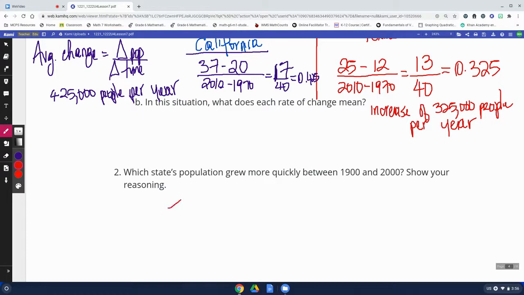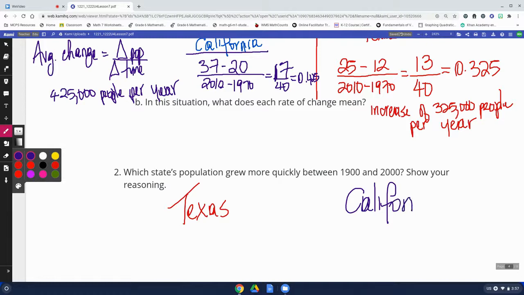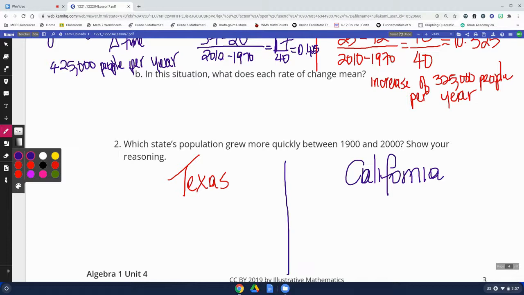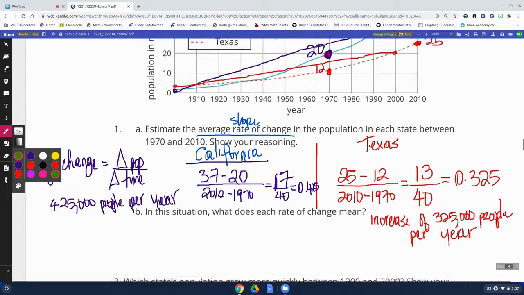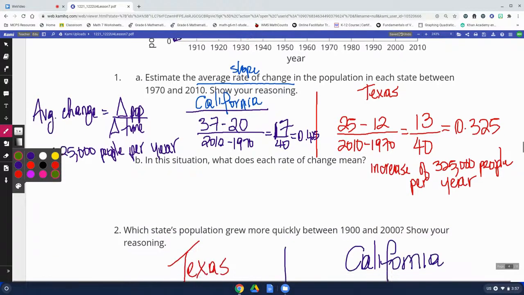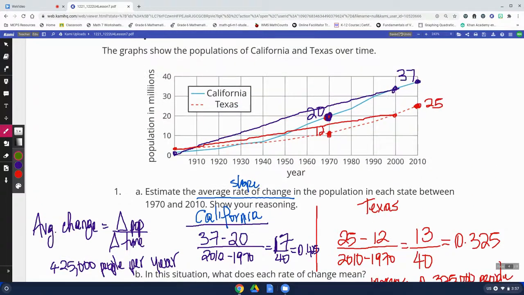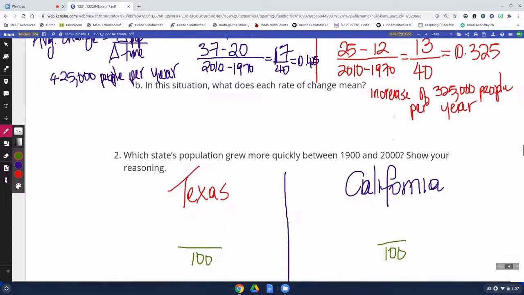All right. So let's do Texas and California. We know the time period is over 100 years, right? 1900 to 2000, 100 years. So Texas looks like it went from about 3 million to 20, right?